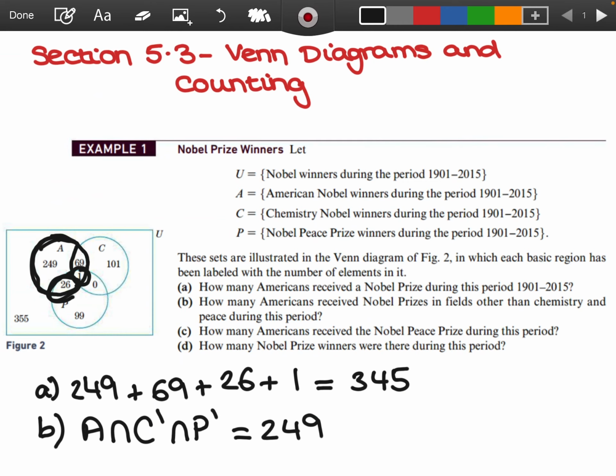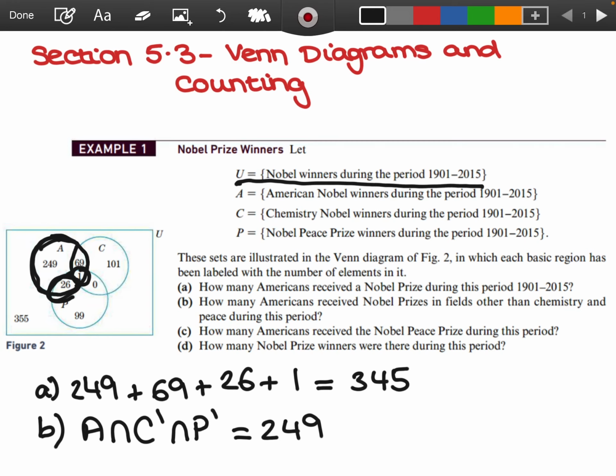And finally, we have how many Nobel Prize winners were there during this period? This means that we need to find out how many people are in our universal set. We want the number of people that fall into that universal set.